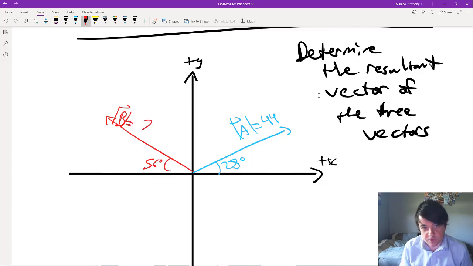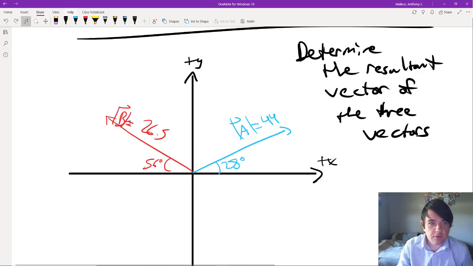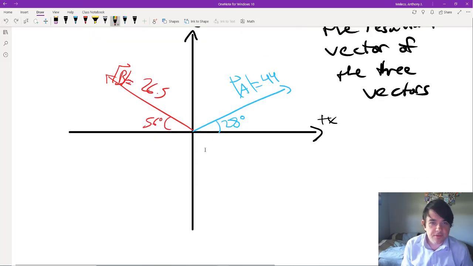And this is equal to 26.5 units. And then lastly, we've got this rainbow guy, which unfortunately they chose red, which was, I wanted to use this to get a different color. Okay, let's use this guy.